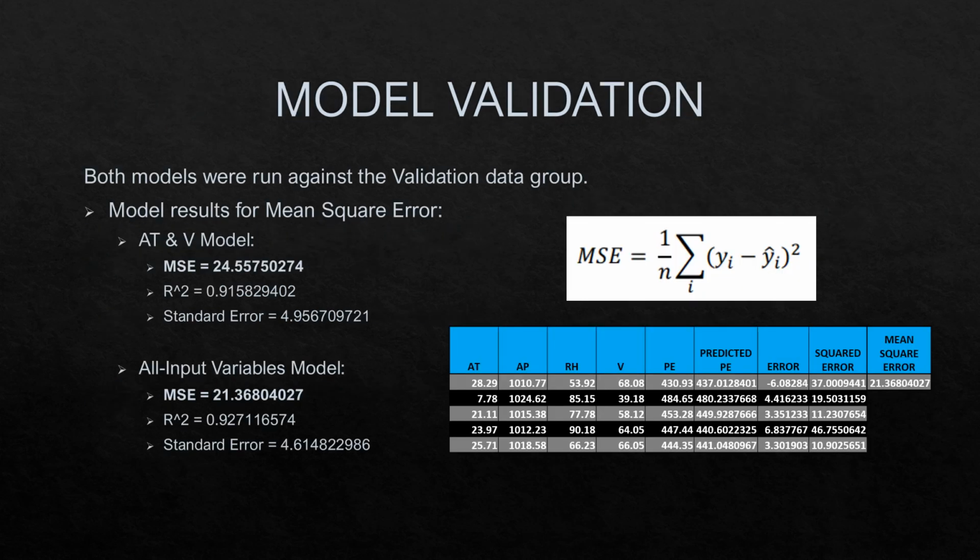For the model validation, both models were run against the validation data group, and model results for mean square error are shown below. For the AT and V model, you get down to the MSE at 24.5 versus the all input variables model performing a little better with the MSE coming in at 21.3.